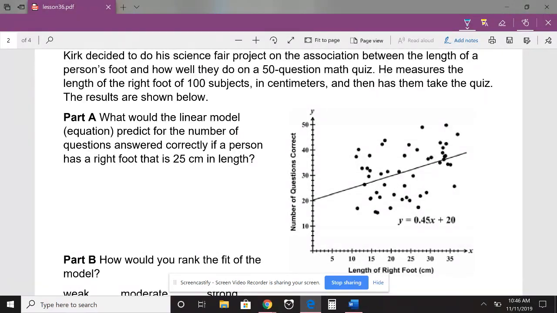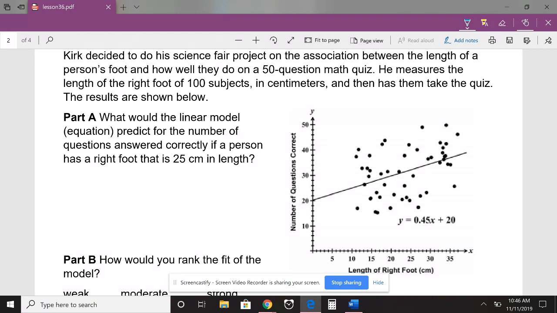In this example, it says Kirk decided to do his science fair project on the association between the length of a person's foot and how well they do on a 50-question math quiz. He measured the length of the right foot of 100 subjects in centimeters and then had them take a quiz. So we look at this association. It's really tough to tell this association because the points are really scattered.